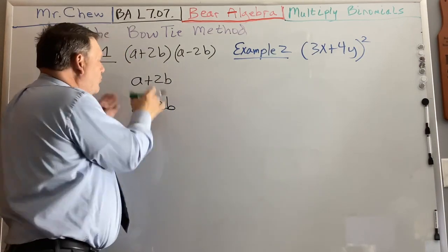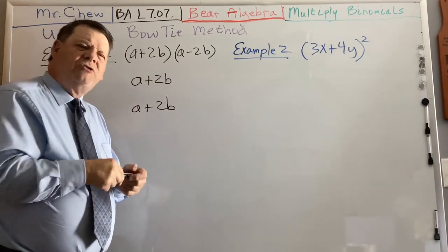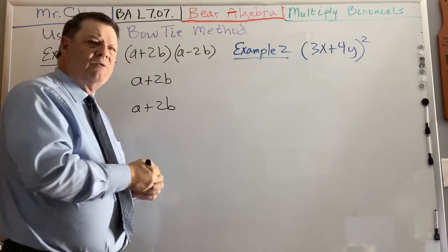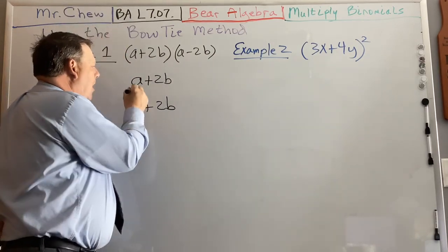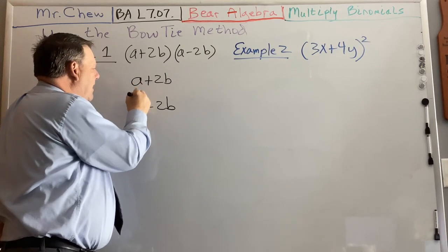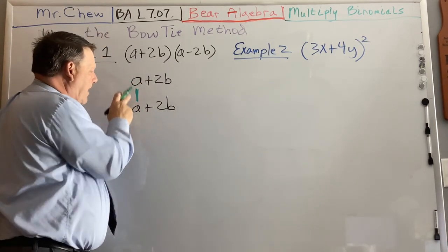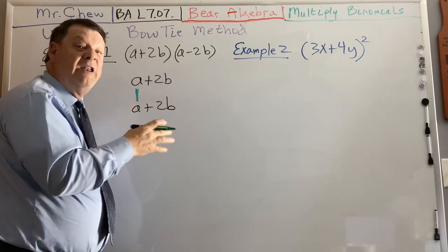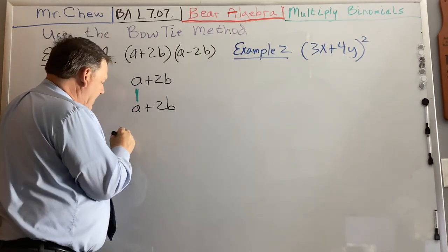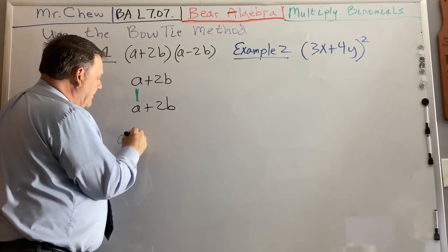So I'm going to end up drawing a bow tie underneath here. I use different colors just to emphasize what I'm doing here. So I'm going to make this side of the bow tie. And that's going to be the first term A times the first term A in each one. So that is A times A.